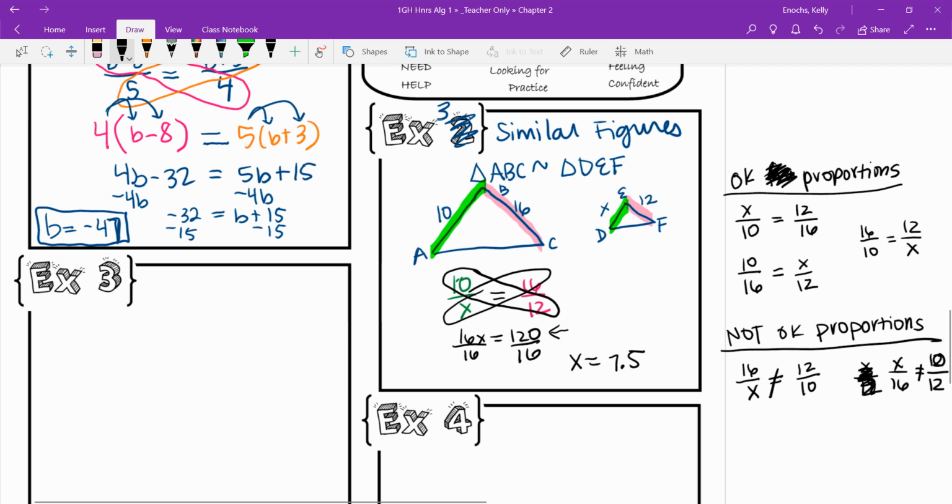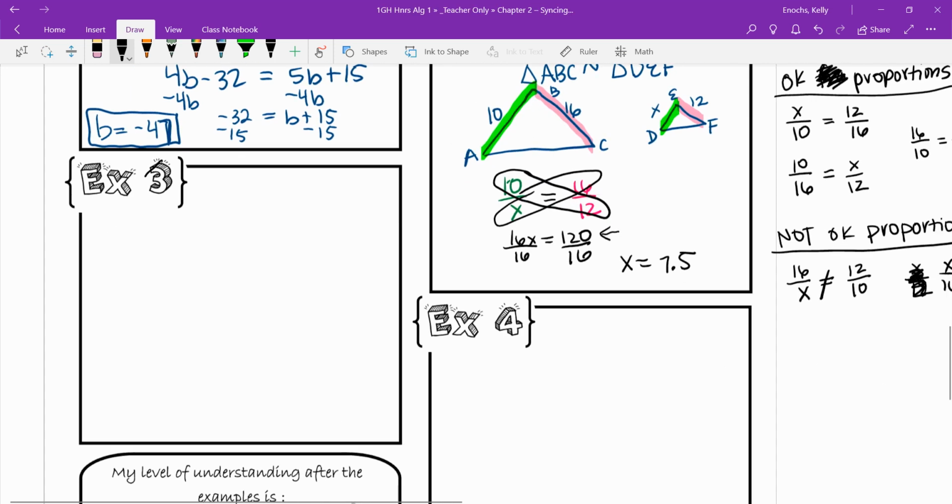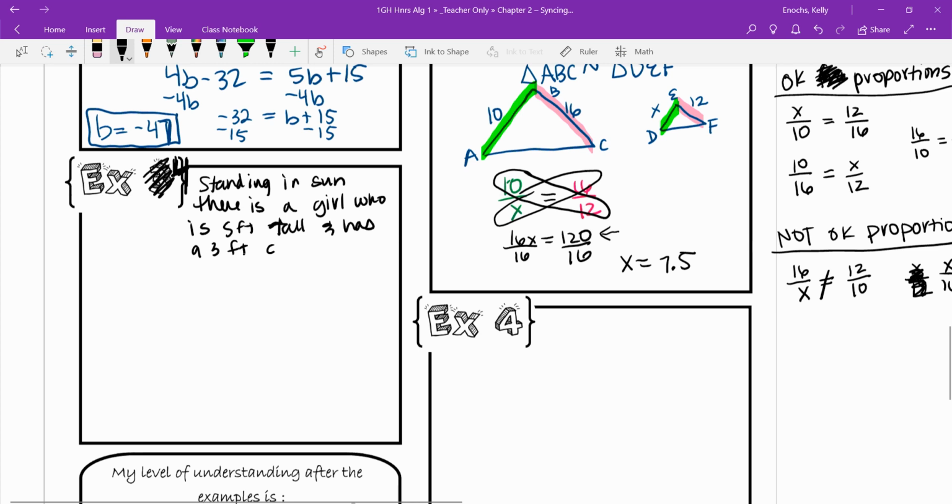All right, let's take a look at another kind of similar figure problem, and that would be example number 4 here. So this one's going to tell you that standing in the sun, there's a girl who is 5 feet tall and has a 3-foot shadow.